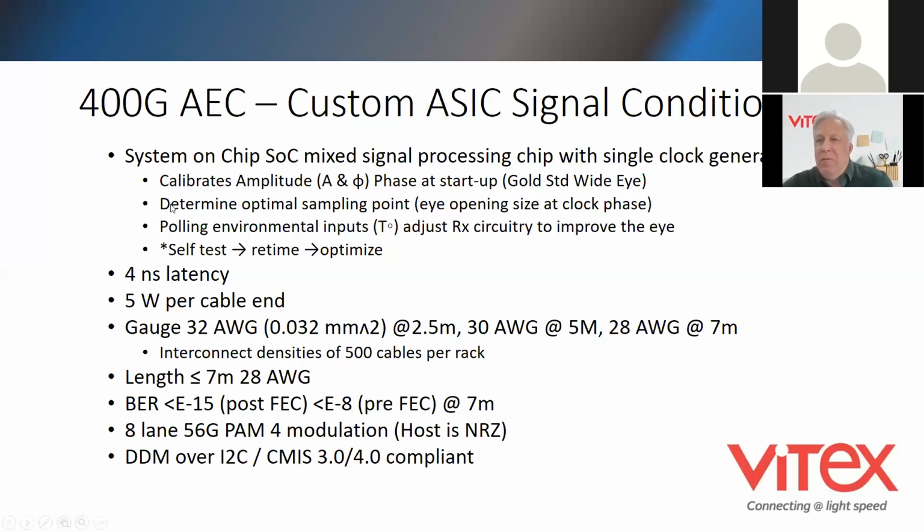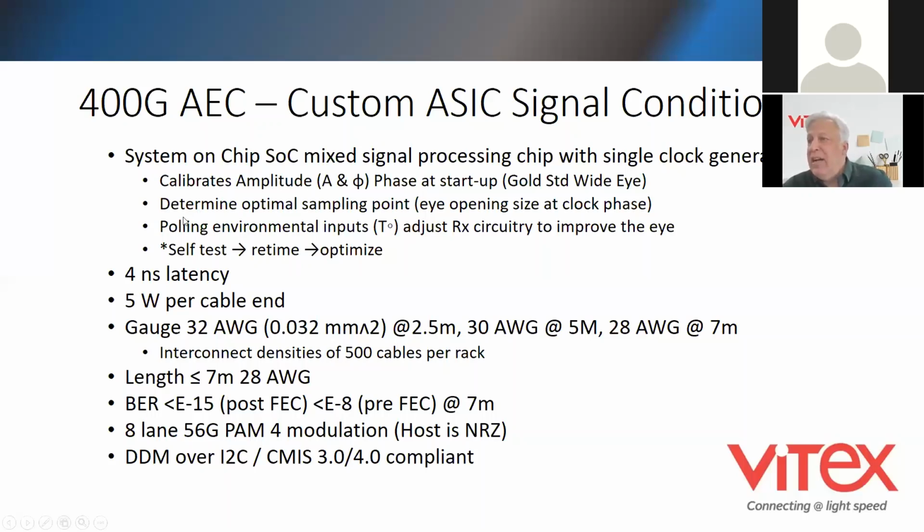I'm sure people are familiar with eye diagrams, but that's basically looking at the PAM4 modulation scheme and taking a look at what they call an eye diagram for that. During calibration, the chip looks for an optimal sampling point, and it looks for the largest openings in the eyes at a certain clock phase.